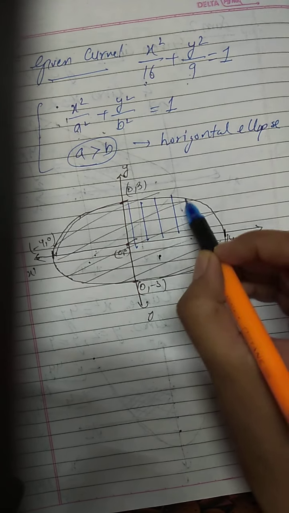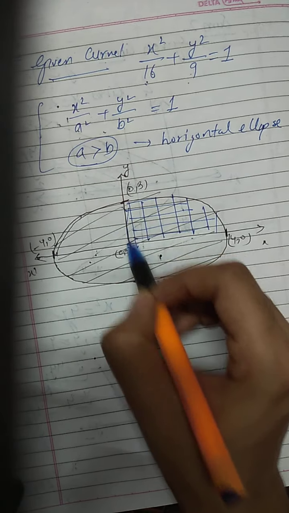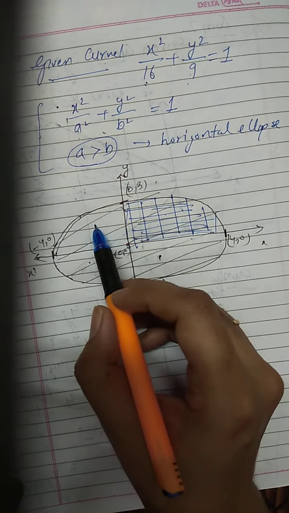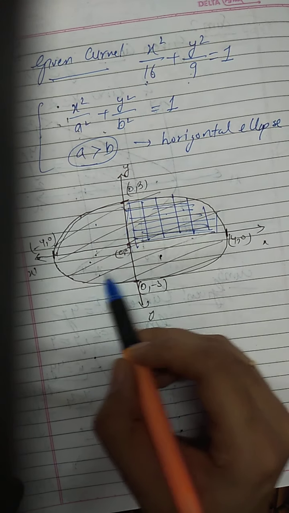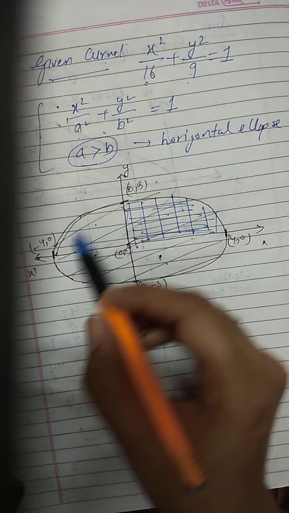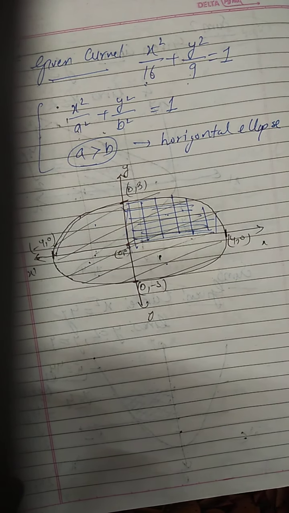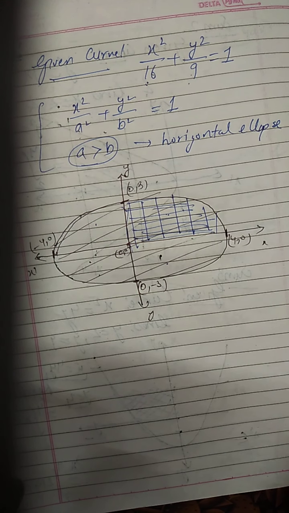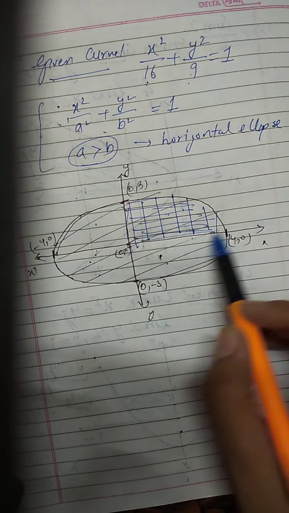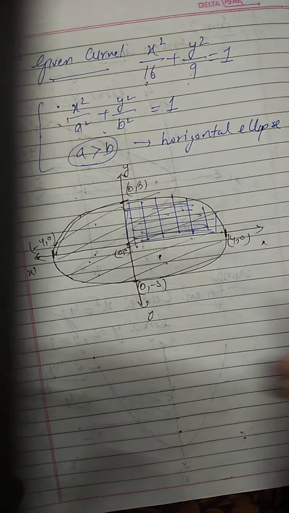If I just find this region, which I am shading with the blue ink, the same region will be here, here, and in this place as well. So if I find this region and multiply by 4, I will get my complete region bounded by the ellipse curve.